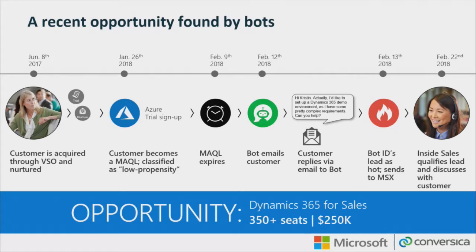This opportunity was a 350-seat deal for about $250,000. So really, really great opportunity that the bot found, and material to the business. An example of a diamond in the rough.